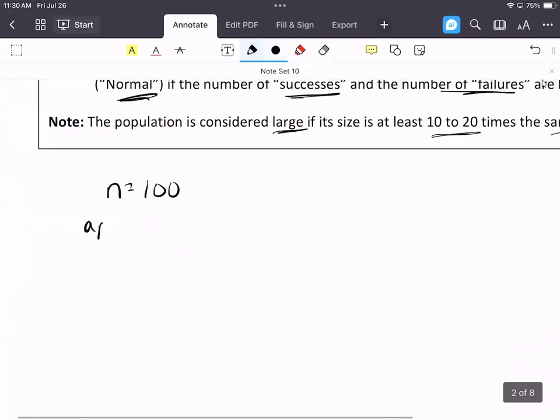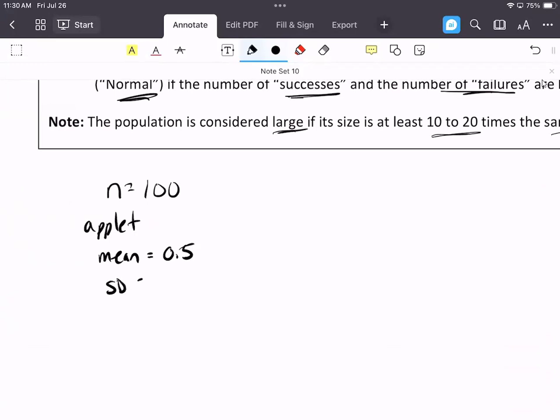By the applet, the mean is 0.5, and the standard deviation that's given to us, and that is listed, was 0.047.